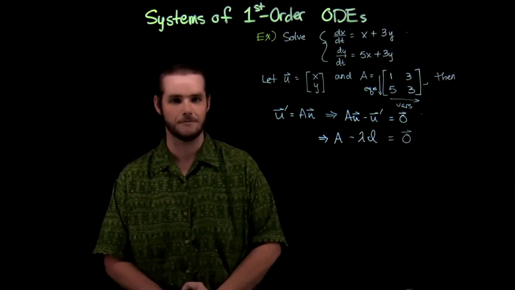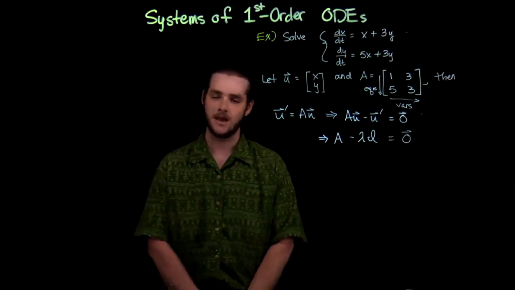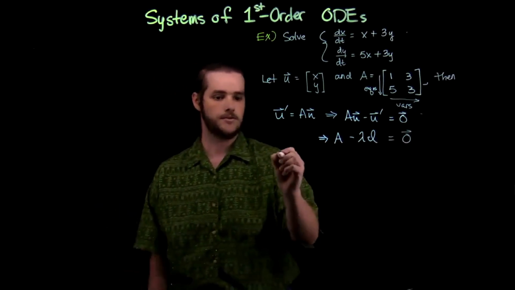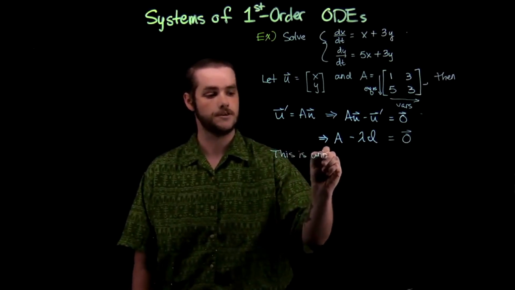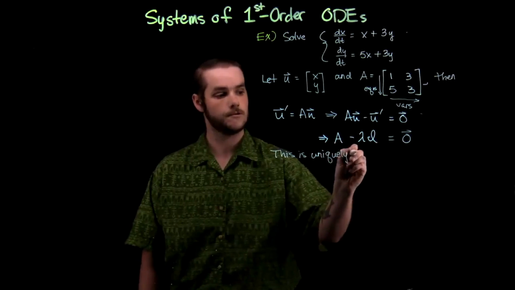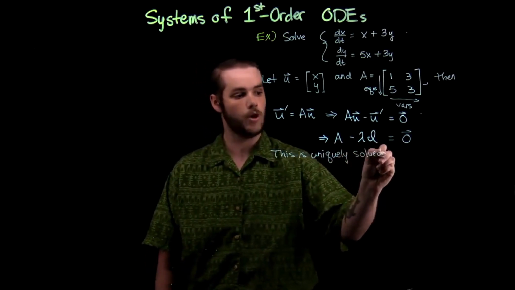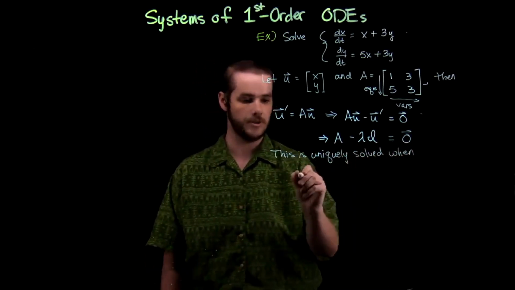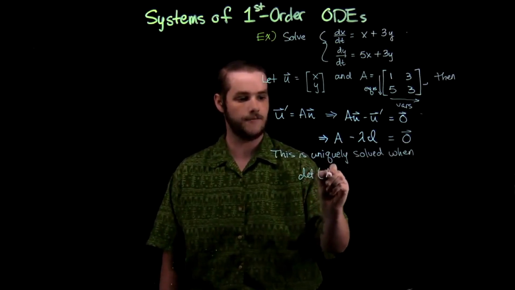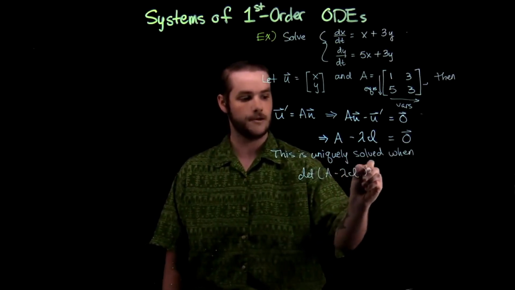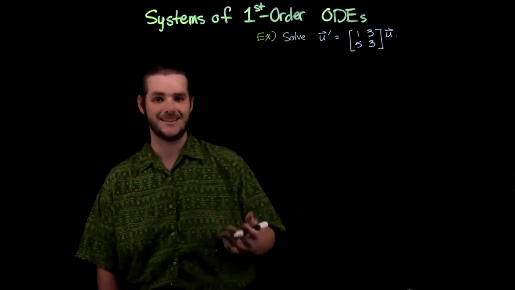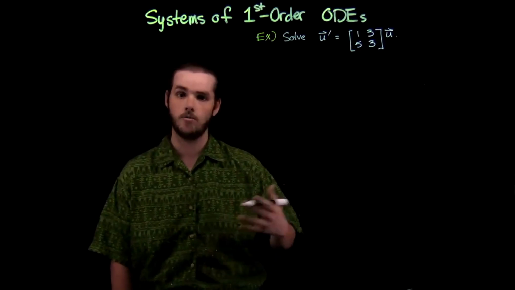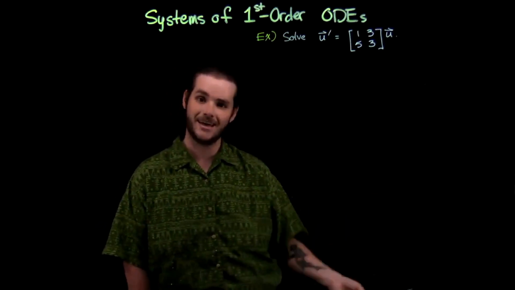This should be looking familiar, or awfully suspicious. It turns out that this is uniquely solved when the determinant of A minus lambda I is 0. So we're trying to solve this matrix equation, and what we saw is that the characteristic equation now boils down to finding eigenvalues.